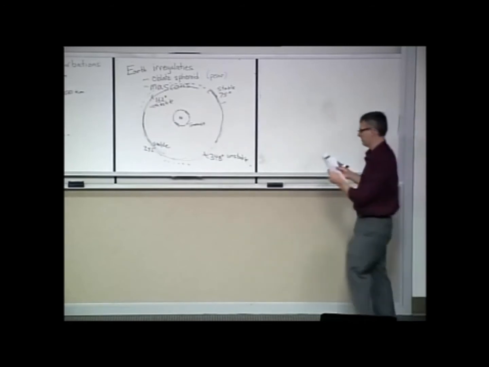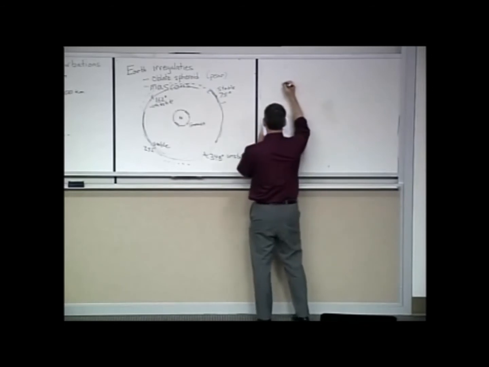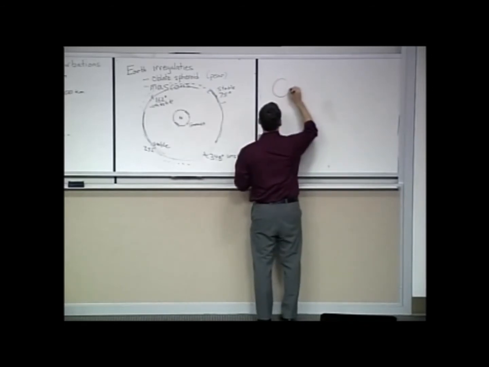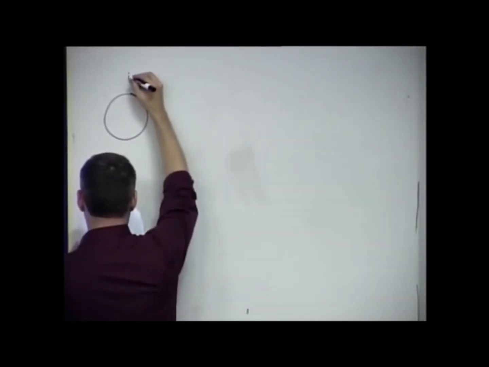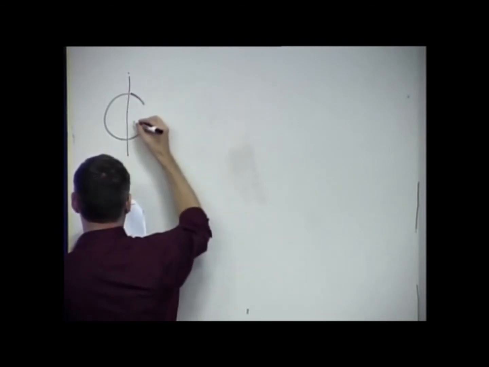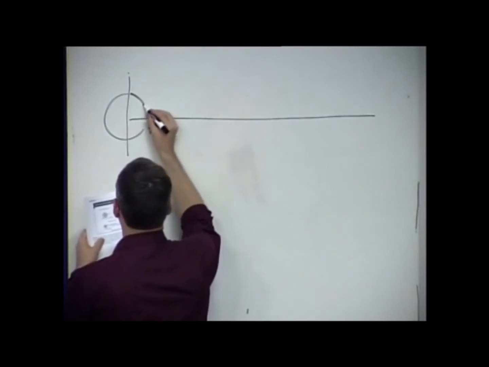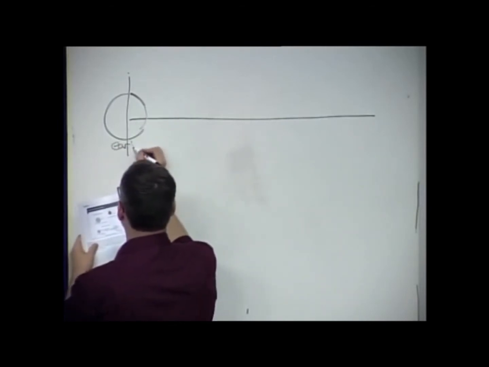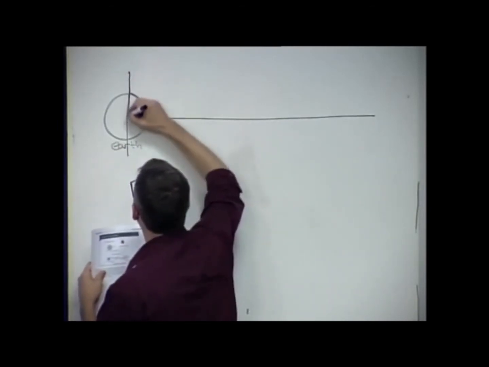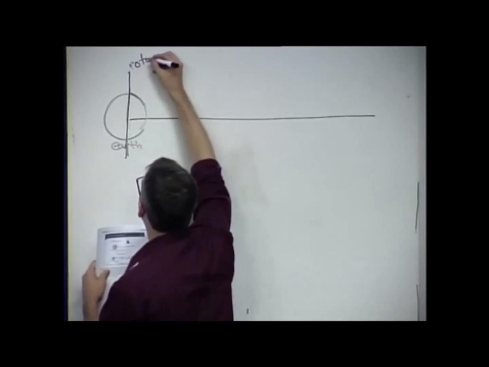So let me sketch out two systems to show you kind of what the angular disturbances are. They're not going to be to scale, but they're just for reference. So let's say this is the Earth, and this is the rotational axis.